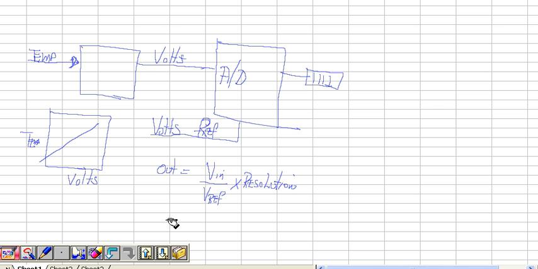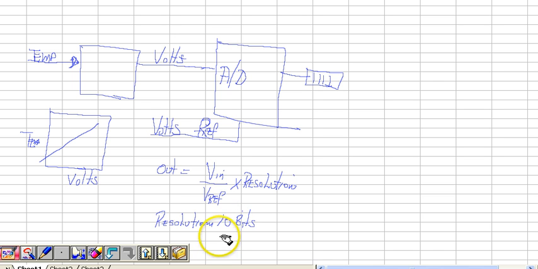So let's go through an example. First of all, let's think about the resolution in the spec sheet on our PIC 18F series. The resolution is 10 bits.